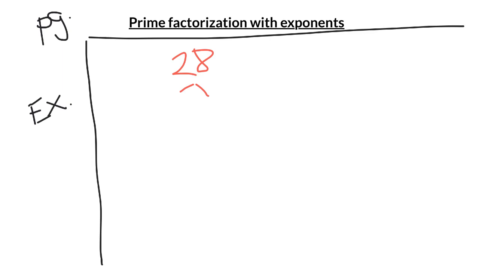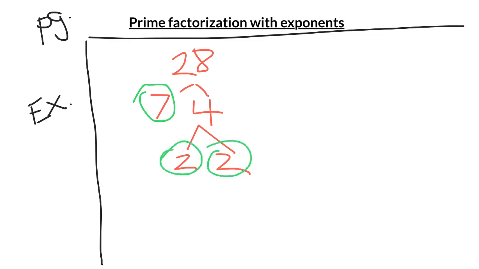So I'm going to do 7 and 4. Now remember, as soon as we see that the number or numbers are prime, we circle them to show that we found a prime number. So that one is prime, but 4, I know that 2 and 2 can multiply together to get 4. So now I circle those because 2 and 2 are prime.